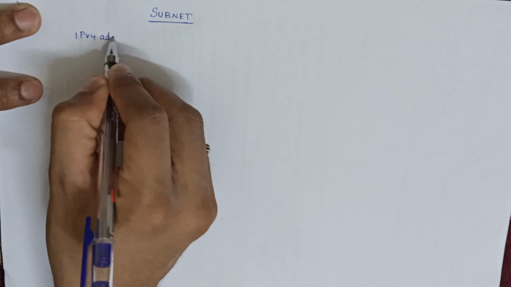So we need 4 extra bits. So we need 4 bits for 16 subnets. So by having 4 bits, we can form 16 subnets, but the requirement is only 10.